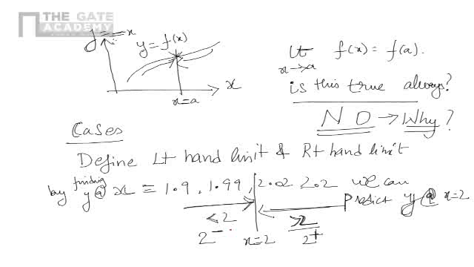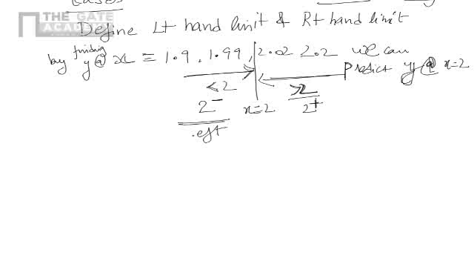So in this region we are approaching 2 from the left and here we are approaching 2 from the right. The 2 plus side is called the right side and the 2 minus side is called the left side. Now 2 is a number we have taken for an example.